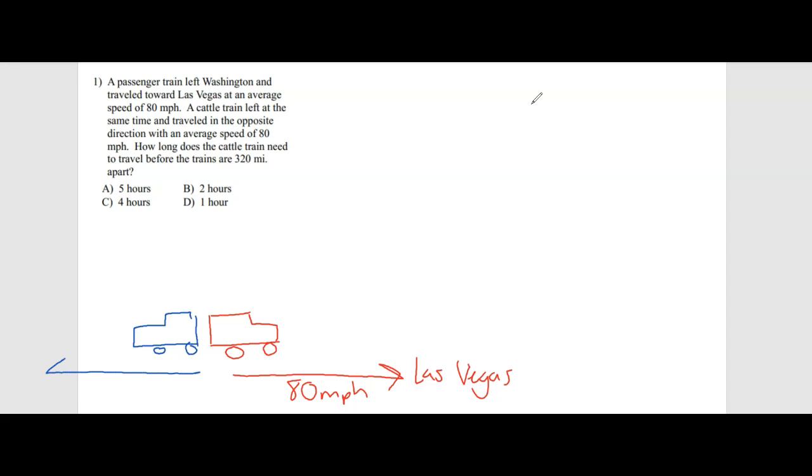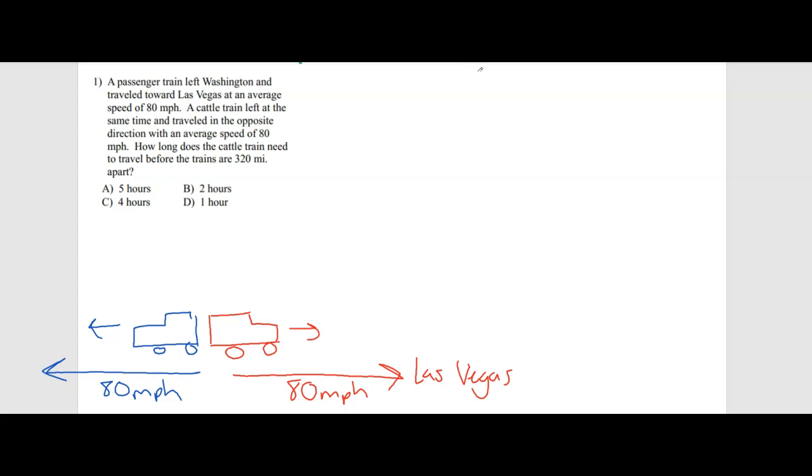We're being asked how long the cattle train needs to travel before the trains are 320 miles apart. As these trains move in opposite directions, the distance between them is getting larger and larger, right?